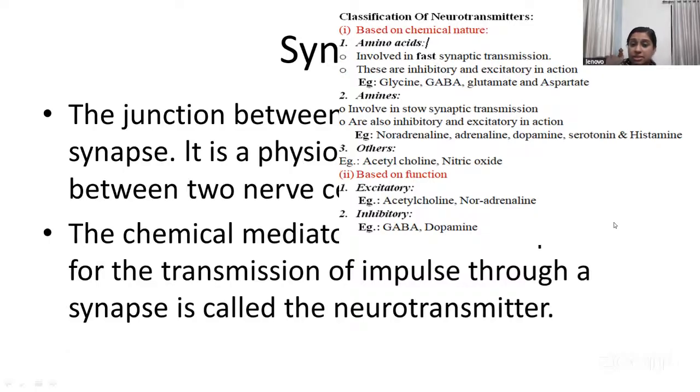Amines are involved in slow synaptic transmission, for example noradrenaline, adrenaline, and dopamine. They are associated with the autonomic nervous system. Others are acetylcholine, nitric oxide, etc. Based on function, they can be excitatory, like acetylcholine, noradrenaline, and adrenaline, or inhibitory, like GABA and dopamine.